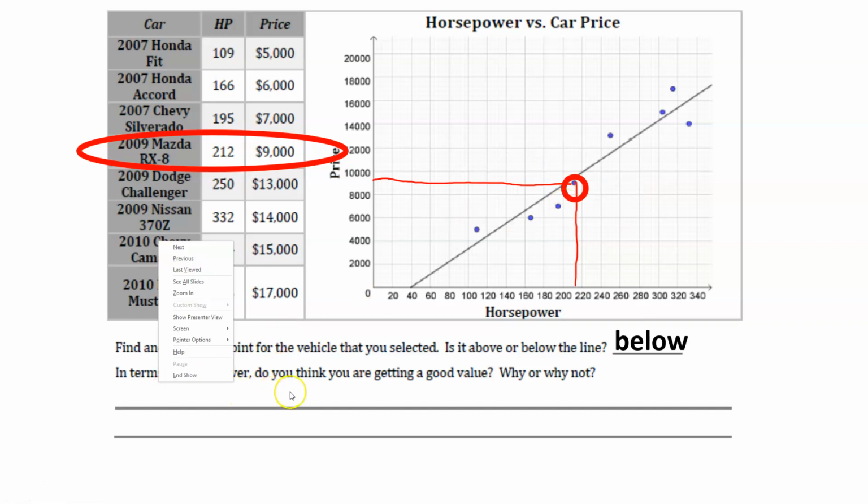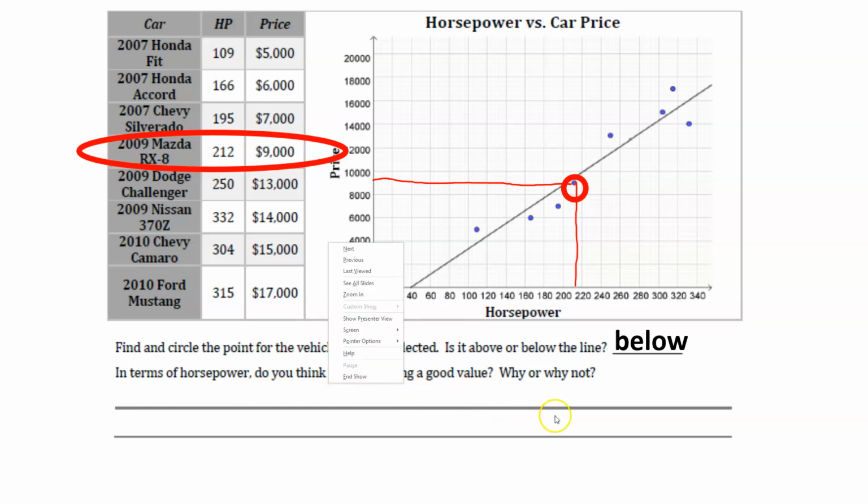It says, in terms of horsepower, do you think you are getting a good value? Why or why not? Okay, so in terms of horsepower, notice how as horsepower increases, the price is getting higher and higher.